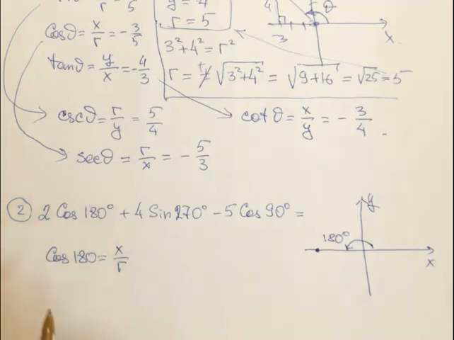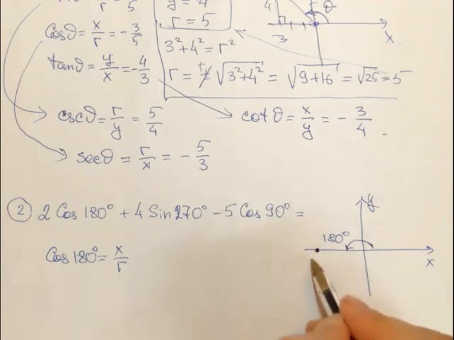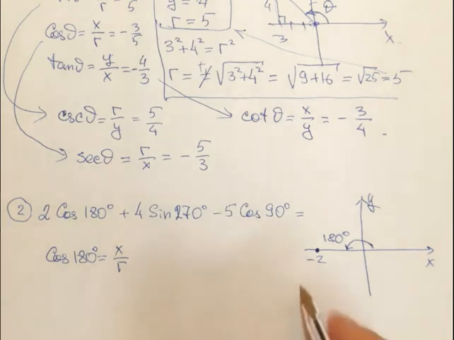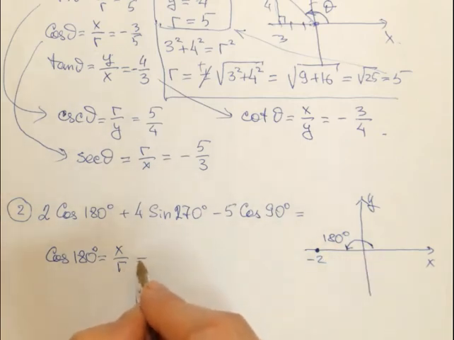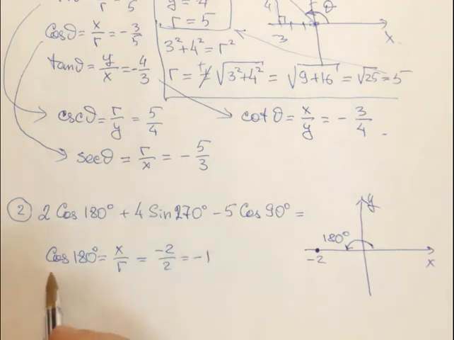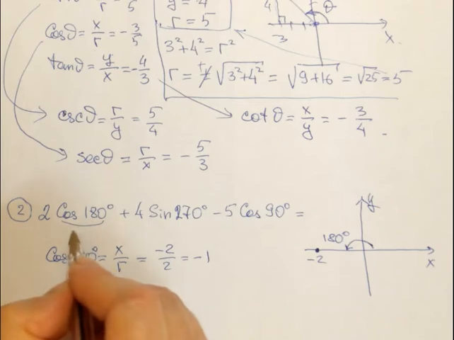It must be remembered. We can take any point, for example, negative 2. The x-coordinate of this point is negative 2. R is 2. So the cosine will be negative 2 over 2, negative 1.